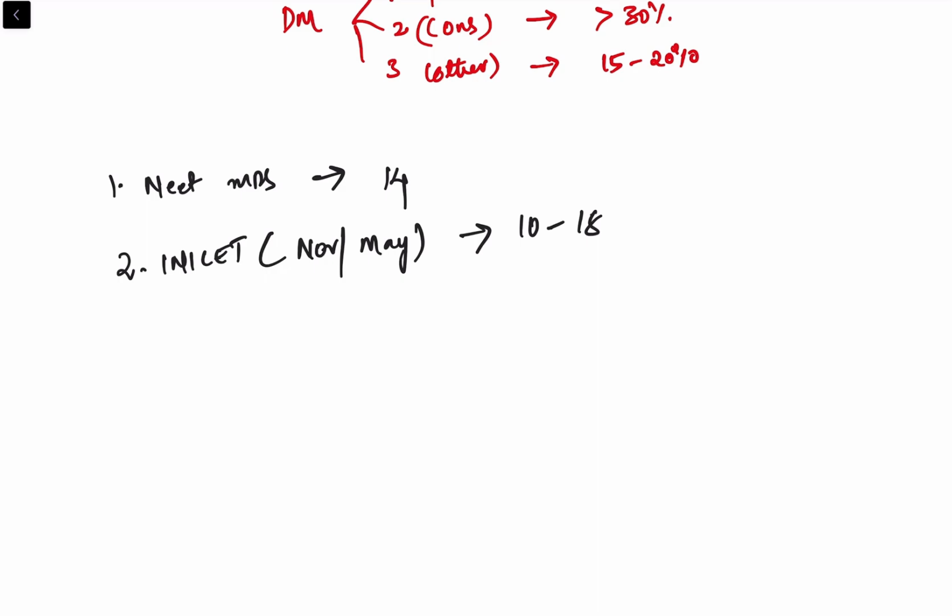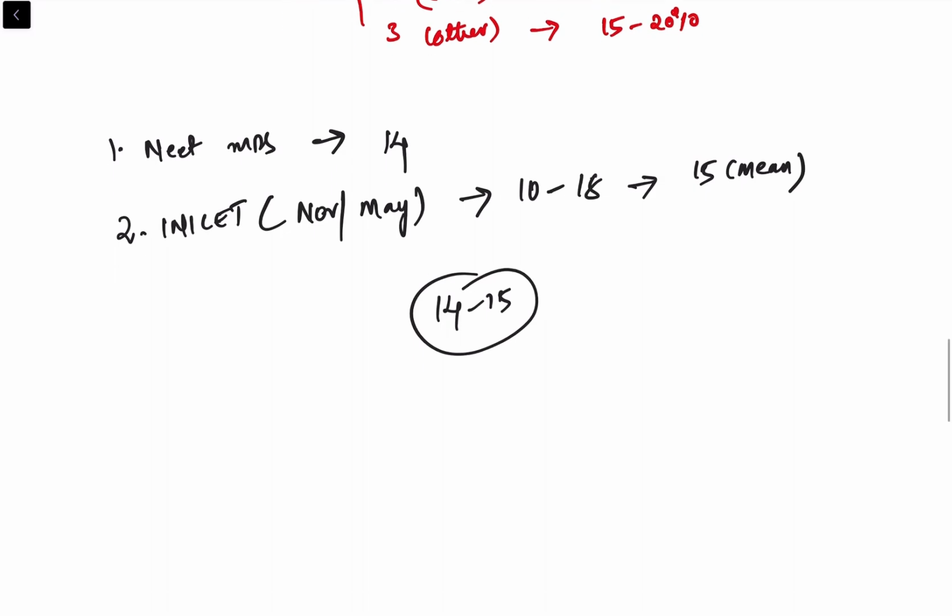Sometimes it will be low, sometimes it will be too high, but overall I'll consider 15 as a mean value. So these are the Prostho scores in your NEET MDS as well as INICET, around 14 to 15. In general, 14 to 15 MCQs will be from prosthetics.